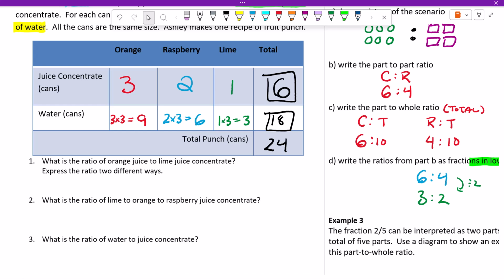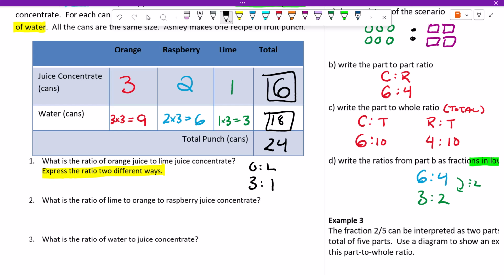What is the ratio of orange juice to lime juice? And it says do this in 2 different ways. So we want to compare orange juice to lime juice concentrate. What are the numbers? 3 for the orange juice and 1 for the lime juice.